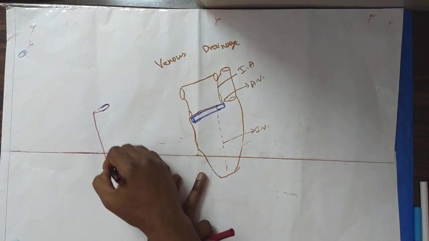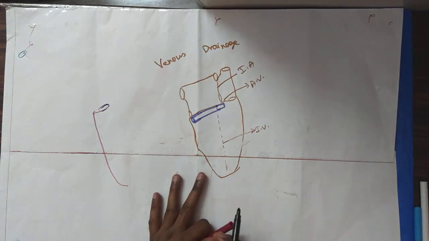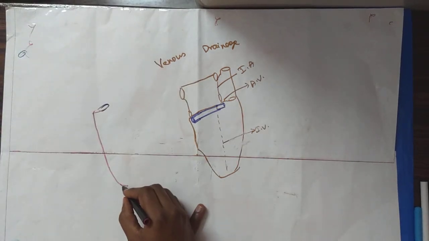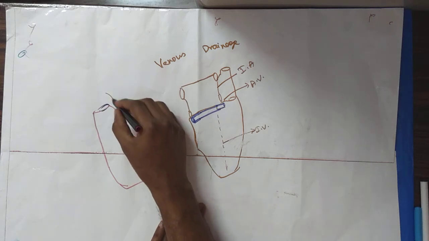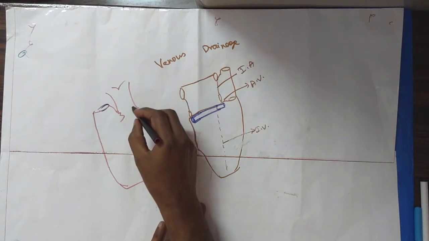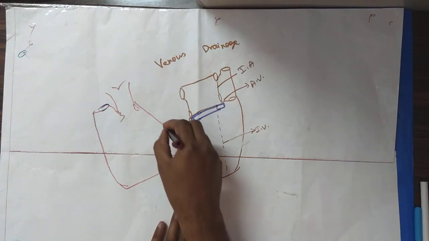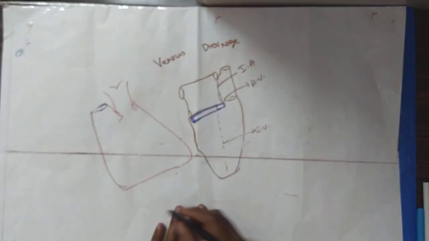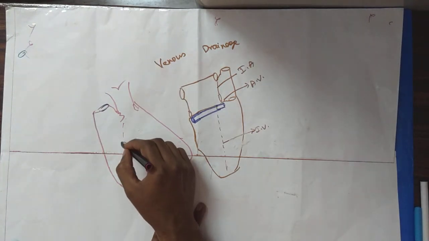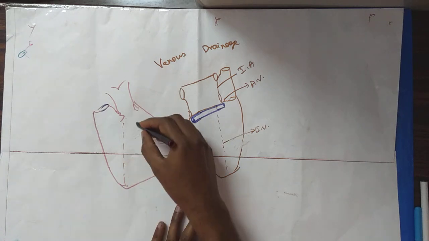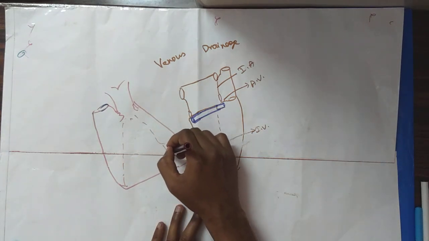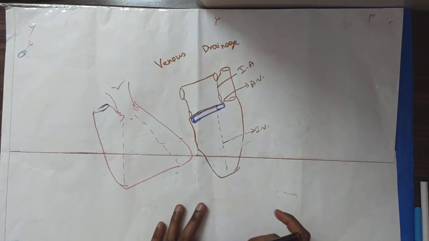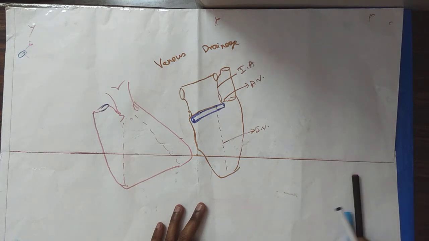This is a superior vena cava, right border, inferior border, right auricle, pulmonary trunk, left auricle and left border of the heart. So here you have anterior part of AV groove. This will be your anterior interventricular groove.